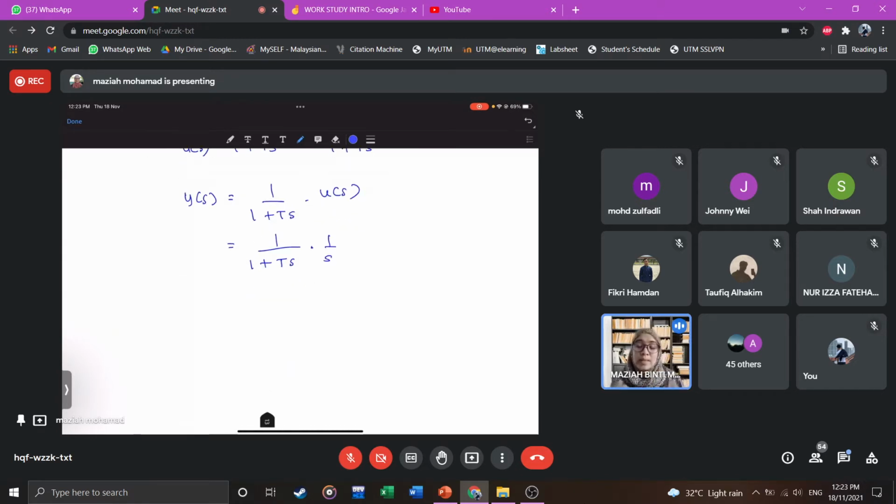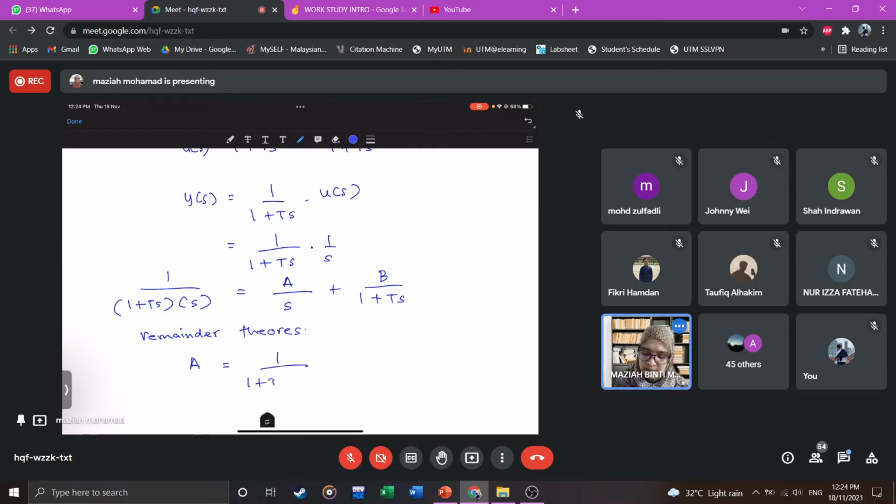Okay, so we do the derivation of the time response equation again. We have 1 over (1 plus ts) multiplied with s, equal to A over s plus B over (1 plus ts). Using the remainder theorem, A is equal to 1 over (1 plus ts) times s, where we consider s equal to 0.